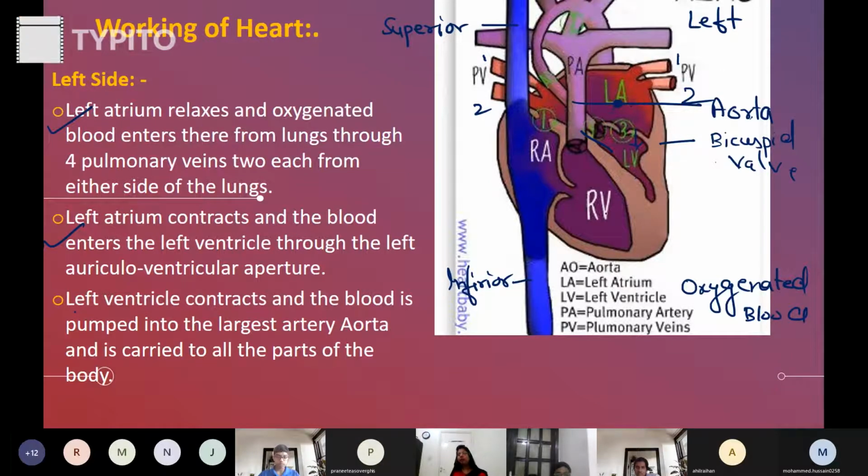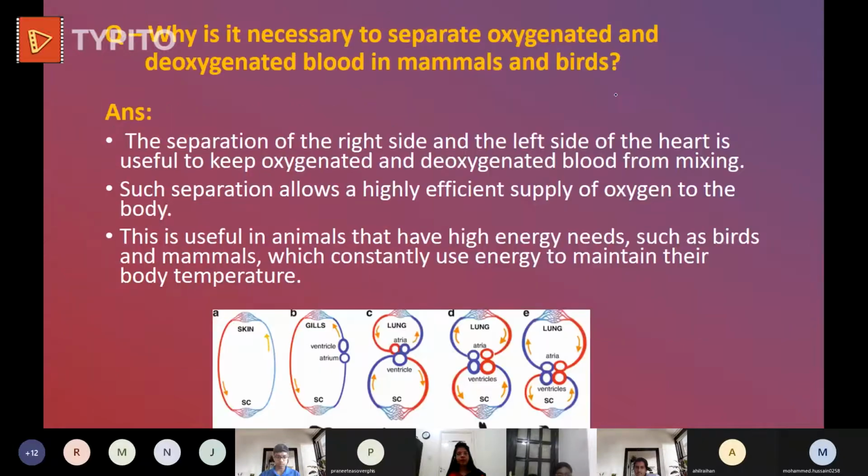Then both the atria contract and blood comes from the atrium to the respective ventricles. Then third step, the ventricles contract, and the blood goes to their respective arteries. It means from the right ventricle blood will go to the pulmonary artery, and from the left ventricle it will go to the aorta.